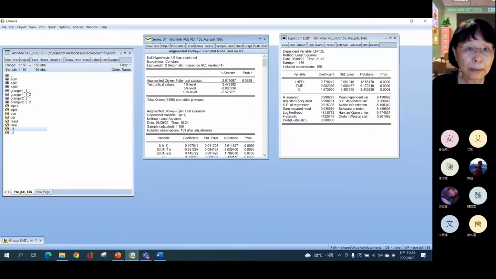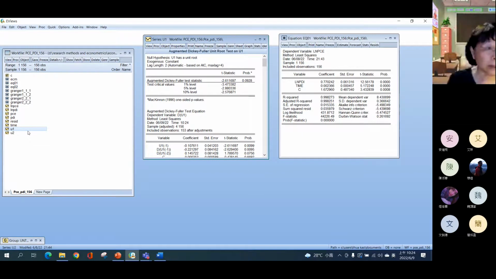Well, this passes the 10% level. Since I tried some of them, it seems that U1 can be thought of as passing the stationarity test. So it passed the unit root test, meaning it is stationary.